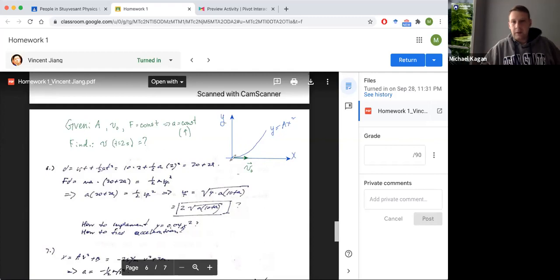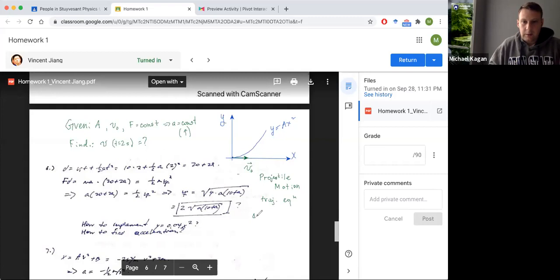So you might want to use the trajectory equation for projectile motion. Is everybody familiar with that? Trajectory equation. This is an equation that expresses y versus x without any time.